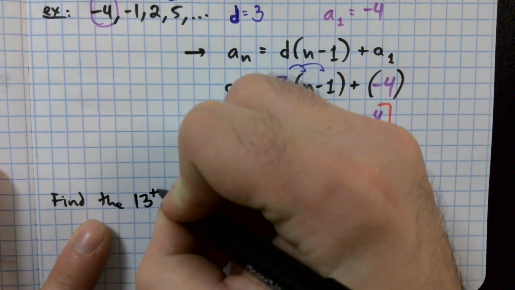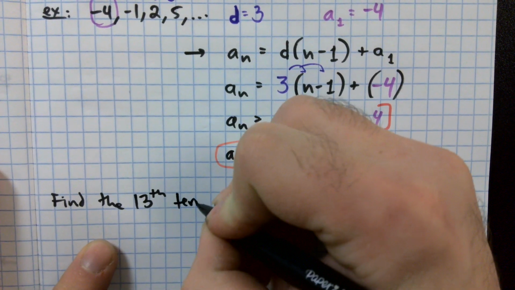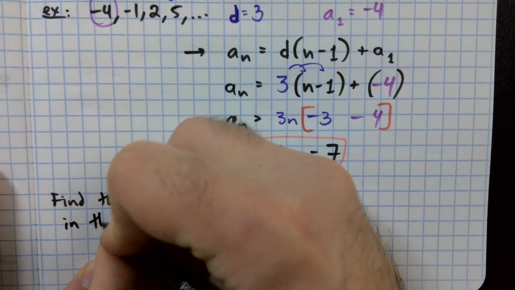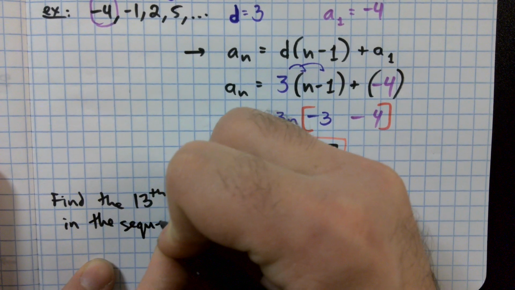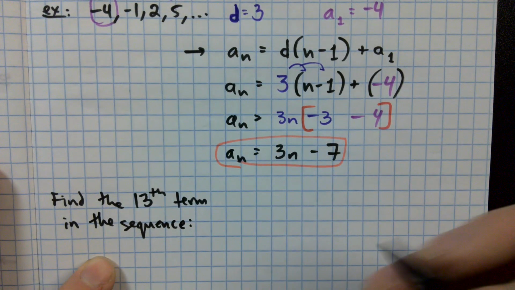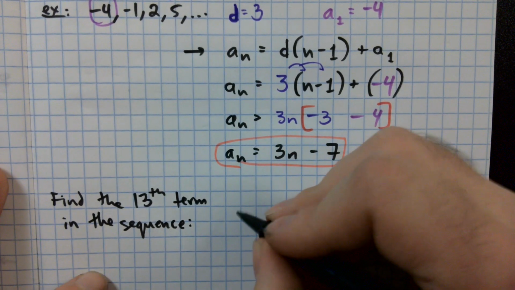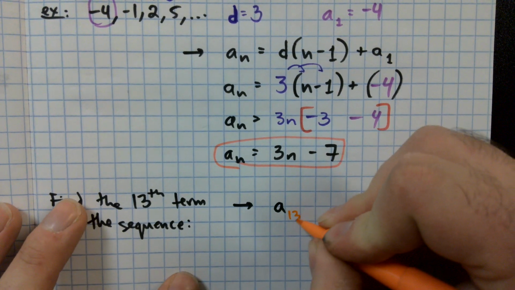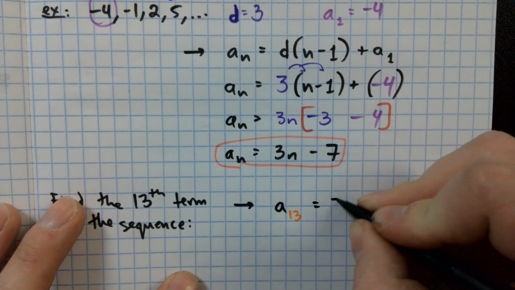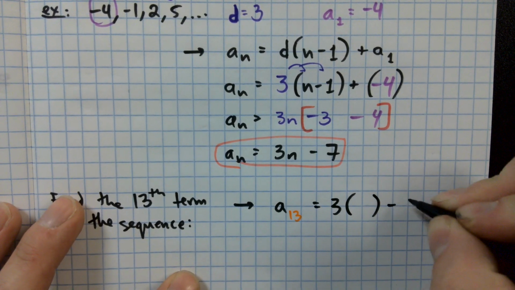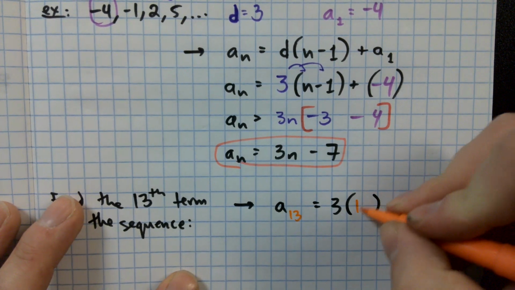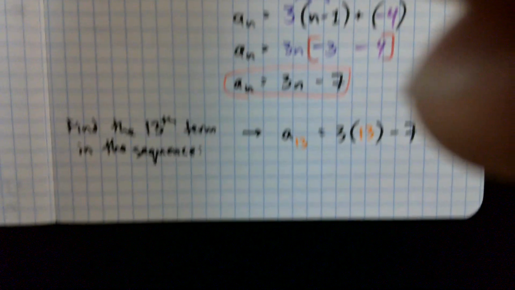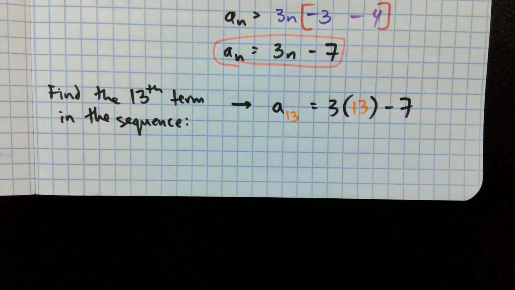If we want to find the 13th term in the sequence, we'll do a sub 13 and just plug 13 in as our input.